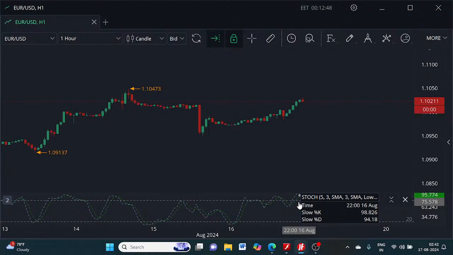So if you want to work with the momentum, then keep the buy trades strictly for the output levels of the stochastic with percent K and percent D value being about 50.